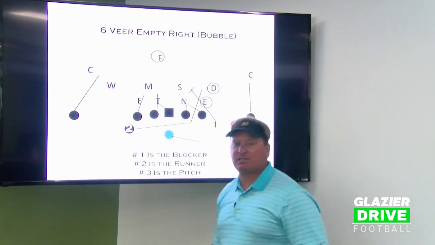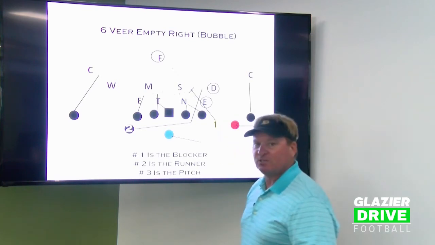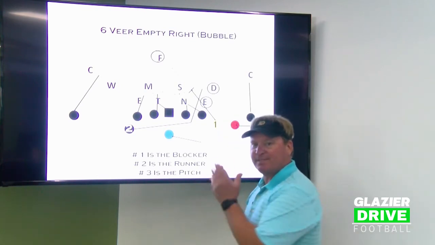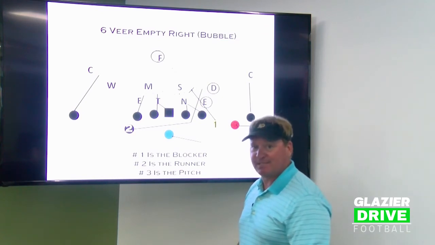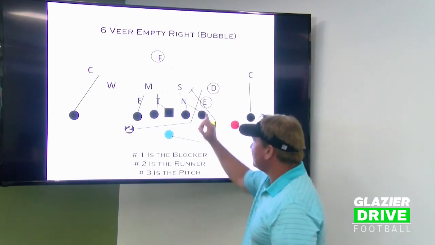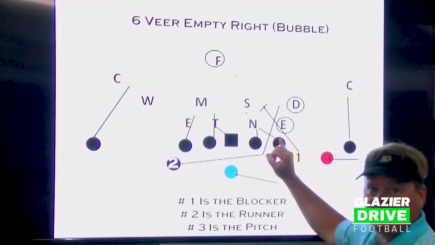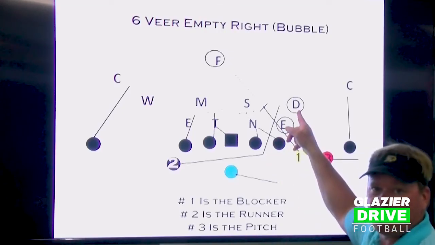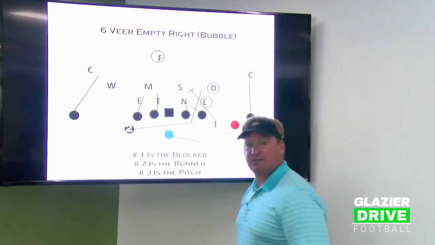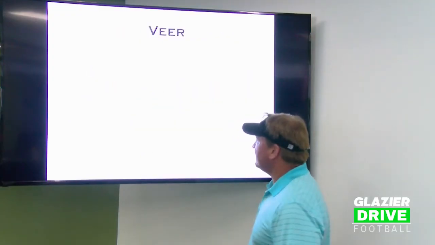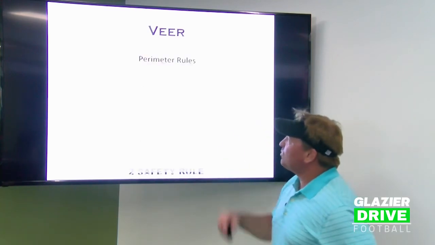This confuses some people. To me, in my brain, this is veer. For other people, they would say, hey, this is shovel. But to me, it's the exact same thing. It's triple option. If this end came down, quarterback keeps it, and then we go to our pitch. If that end were to come upfield, quarterback pitches it, just like veer. Perimeter rules are the same.